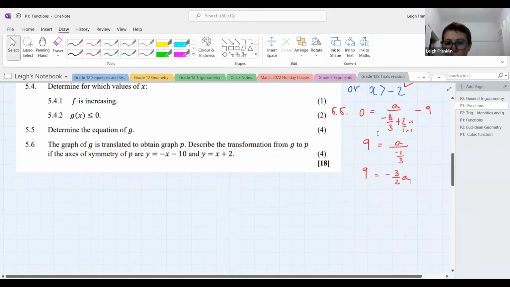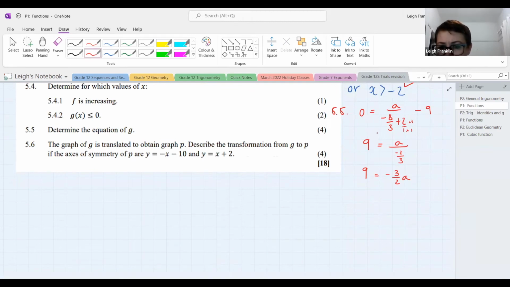And then we should multiply both sides by negative 2 over 3. And that means that a is going to be equal to negative 18 over 6, which is where we get the negative 6 from.